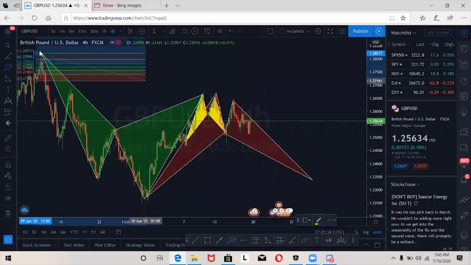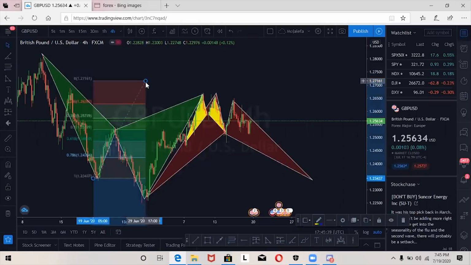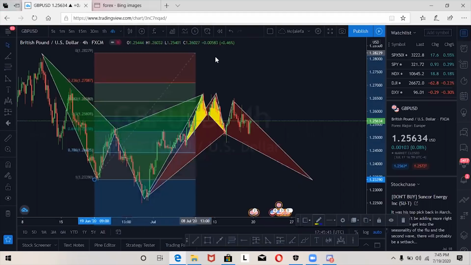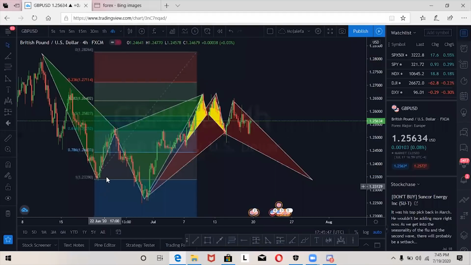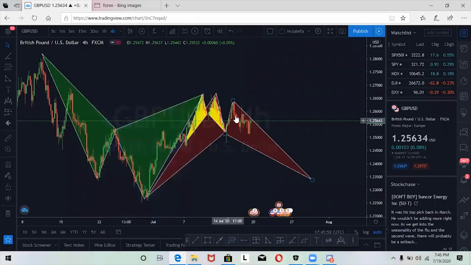Sorry, I put my fib the other way around. So if the top wing is there, then the bottom wing must be there, and the other wing must be at this region. So they require more knowledge. So I just prefer using the bullish butterfly and the bearish butterfly, and maybe add in the cipher. You get? So you can see, guys, how simple it is to spot these harmonics.